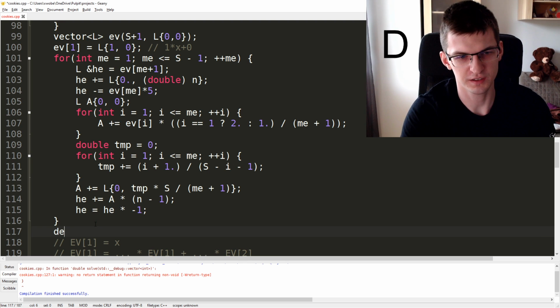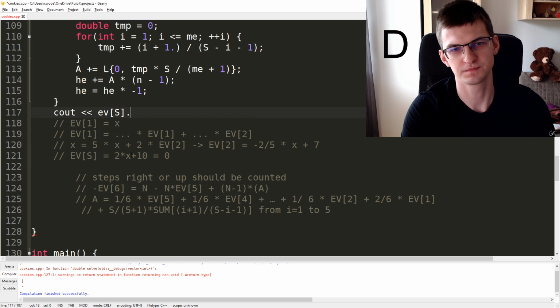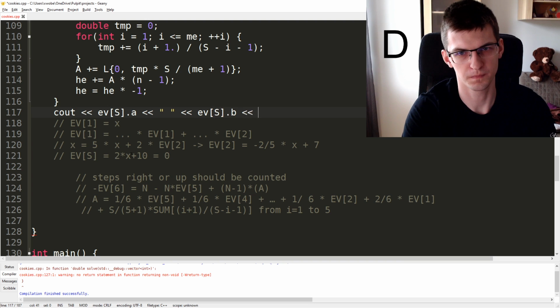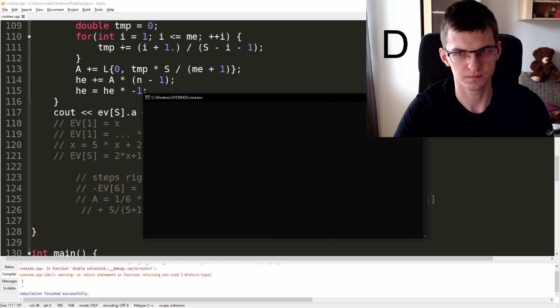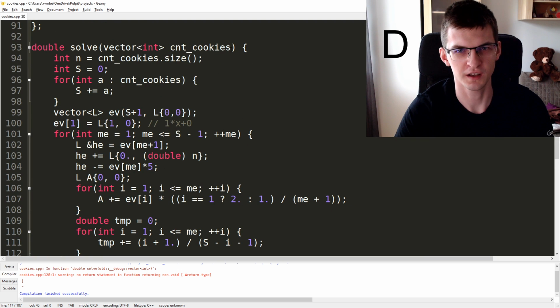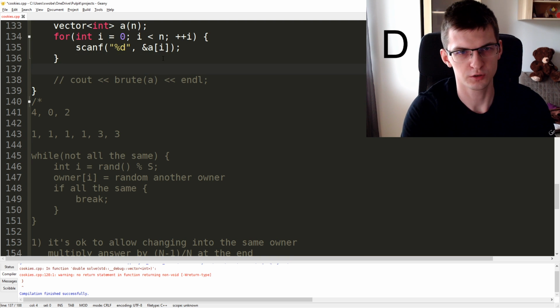Let's now print EV of S. I'm not even running that. For now, I don't use count cookies. That doesn't matter too much. Print brute force. No, I want to run solve.